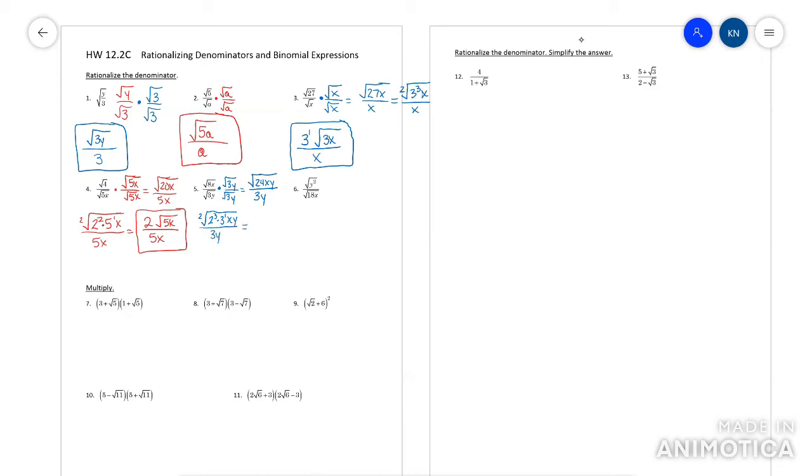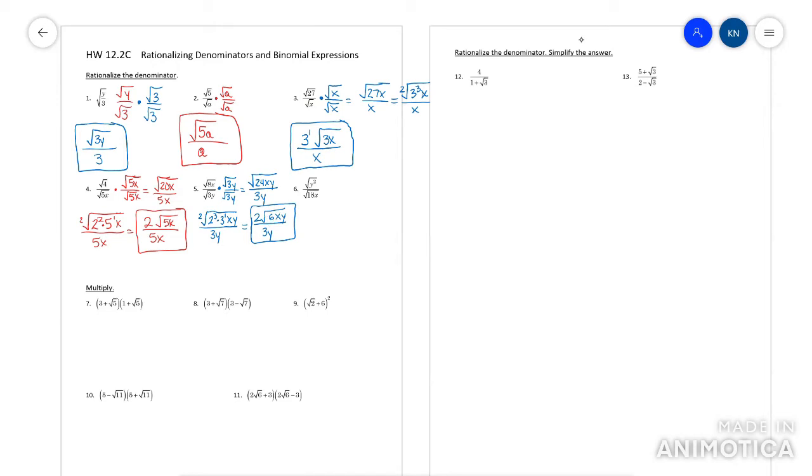And so you can take a 2 out. Left over would be a 2 and a 3, which is going to make a 6, root 6xy over this 3y. If you're wondering how I got this 6 right here, we took a 2 out, but there was still 1 left over. So it was like 2 to the 1 times 3 to the 1, making 6.